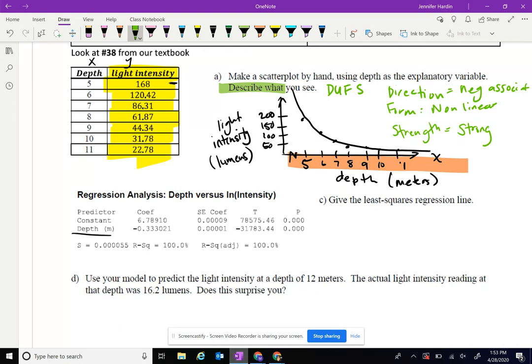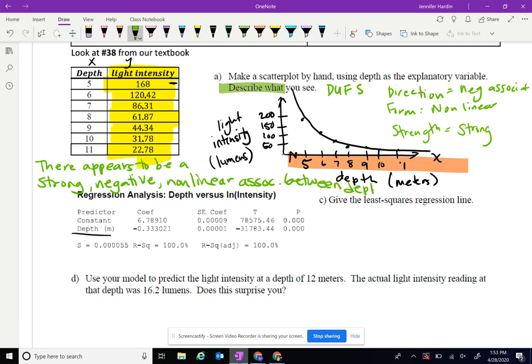So you would use all of that to make a good sentence. All right, so there appears to be a strong negative nonlinear association between depth and light intensity.